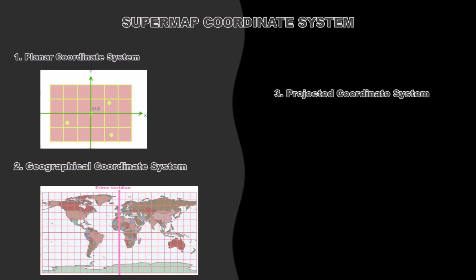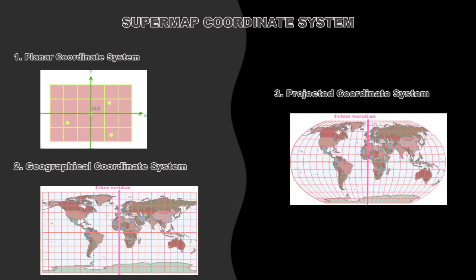The third is the projected coordinate system. It uses various projection types to make any location on Earth's spheroid projected onto a plane. It uses two-dimensional planar coordinate system to denote the locations of point, line, and region features.